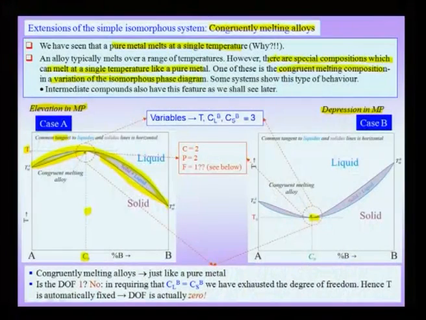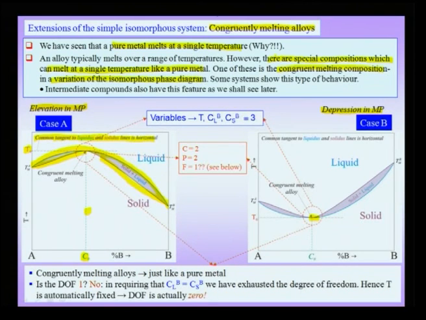That means, the common tangent to liquidus and solidus line is horizontal. This is an important point to note, and I will repeat it again. The common tangent drawn to the liquidus line and the solidus line has to be horizontal, and that tangent, if you extrapolate to the temperature axis, gives the temperature at which this congruent melting alloy will melt.